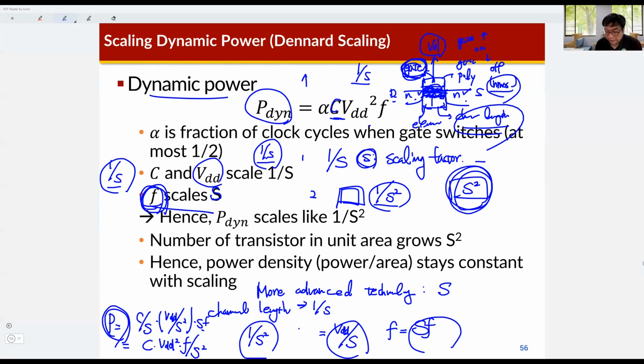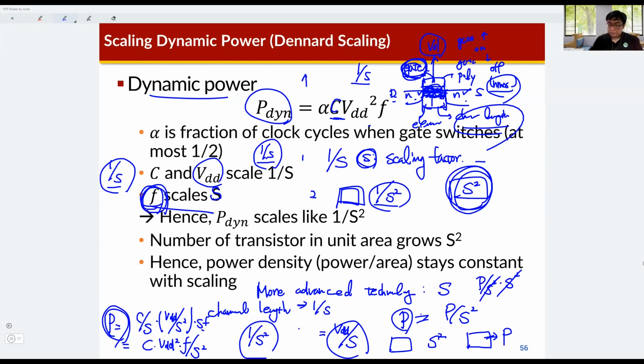So the power becomes P over S squared, but in the same area, the number of transistors becomes S squared. So this power means the power consumption of a single transistor. So in the same chip area, the power becomes P over S squared multiplied by S squared. So that is the same.